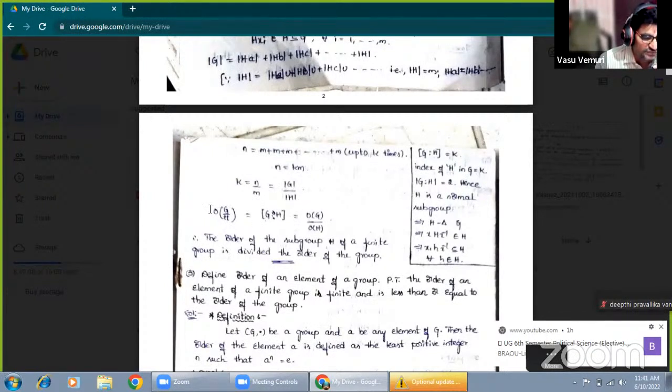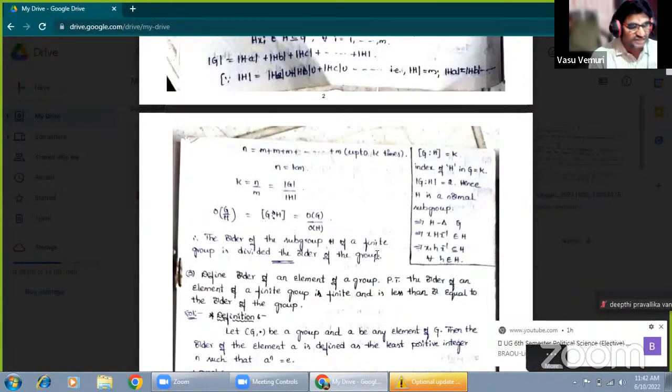This is also one of the important points for the final examination, either fill in the blanks or multiple choice. The index [G : H] equals the order of G divided by the order of H, not the order of G minus the order of H or plus the order of H. So the index is k equals n by m, where the group order is n and the subgroup order is m.